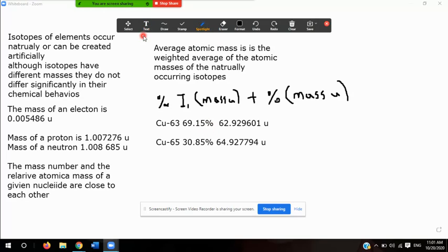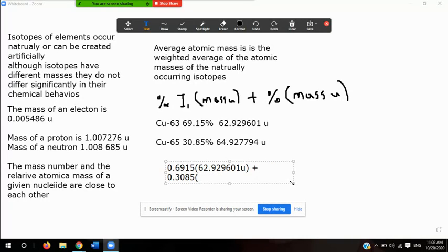So 69.15% is actually going to be 0.6915, and I'm going to multiply that by the unified atomic mass, which is 62.929601. You're going to add that to 0.3085, because again we work with decimals when we're working with percentages, times the atomic mass.